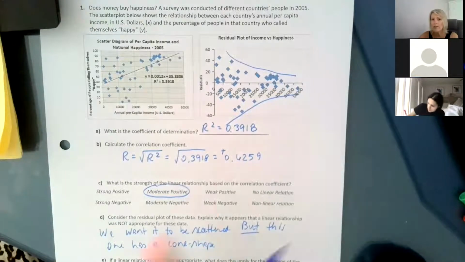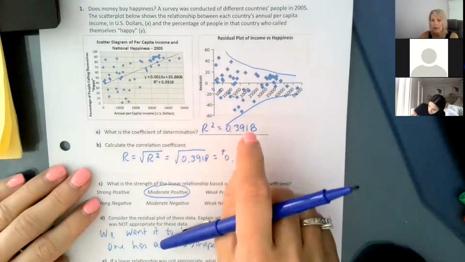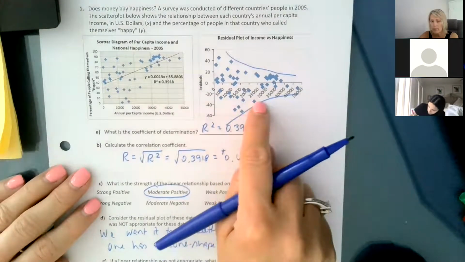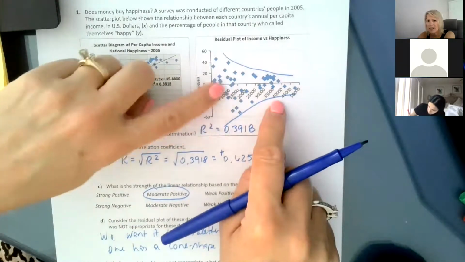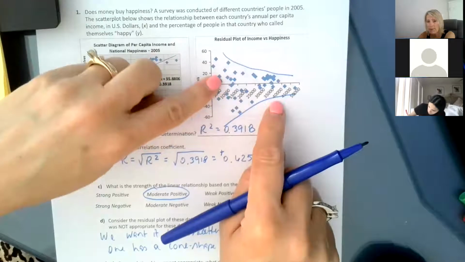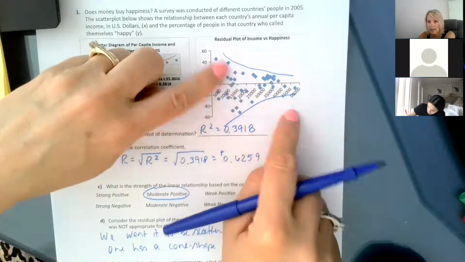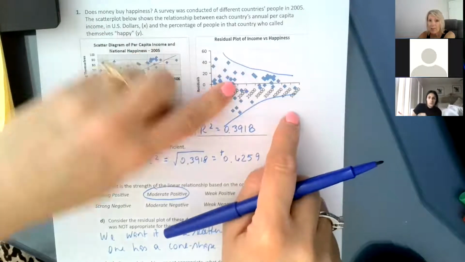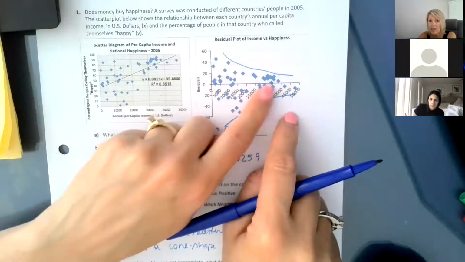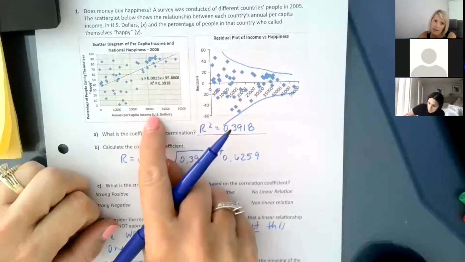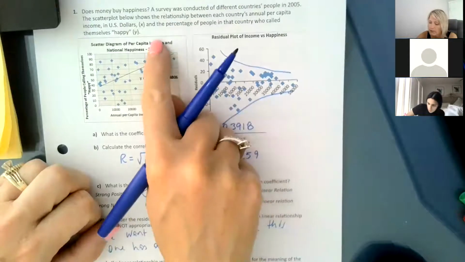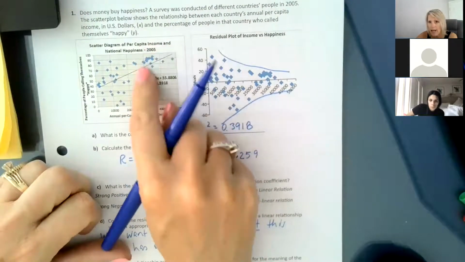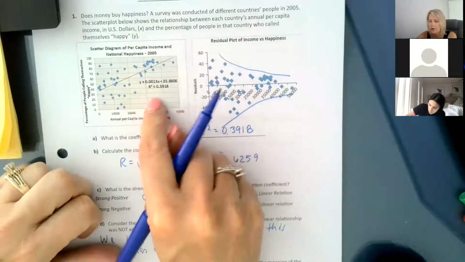But this is showing that there is some predictable error in a pattern form, which means that among people that make less money, there's a fair amount of people that aren't happy, but there's a fair amount of people that are happy. But what it also shows is that as you make more money, it's more aligned with people being happy. So that's important to look at.